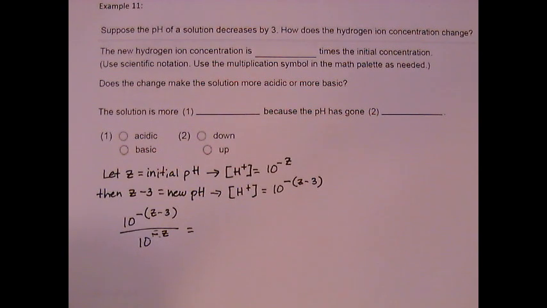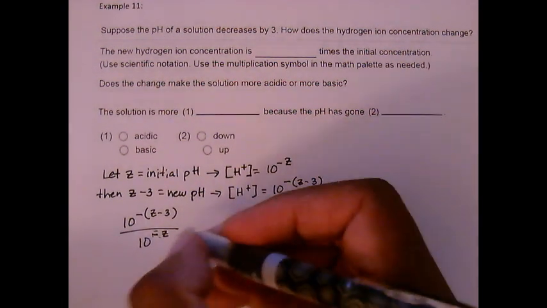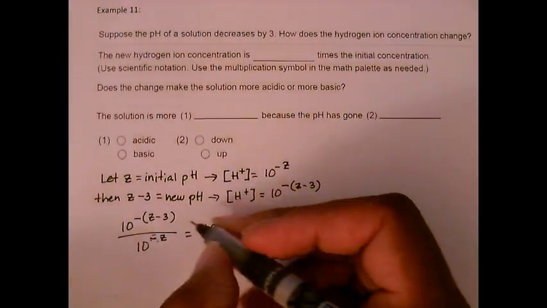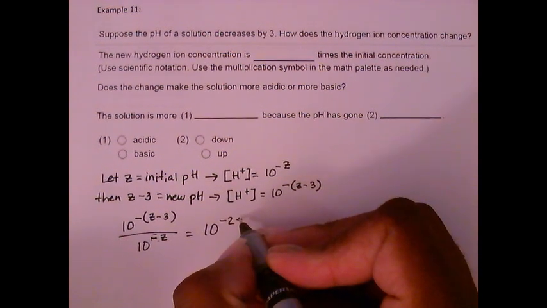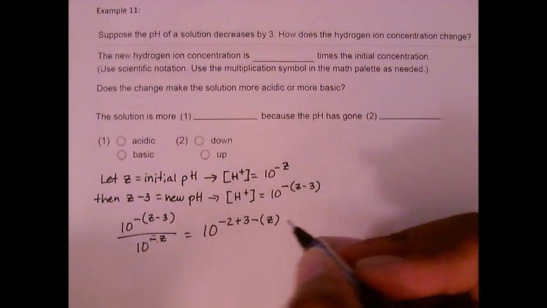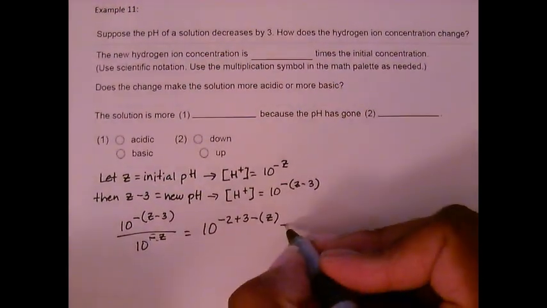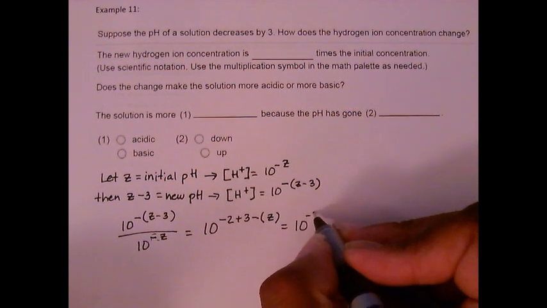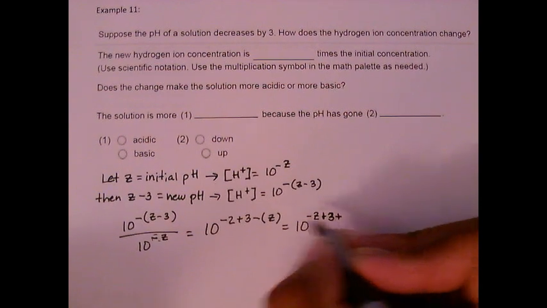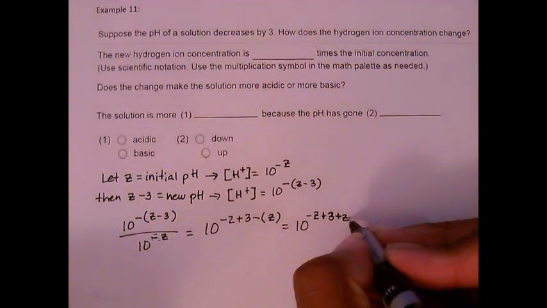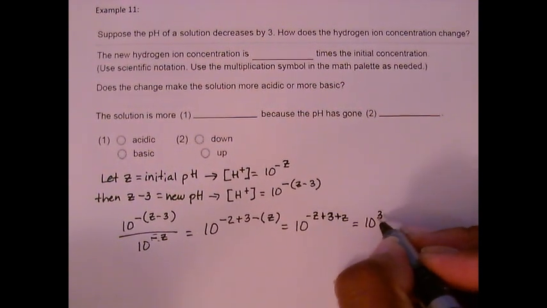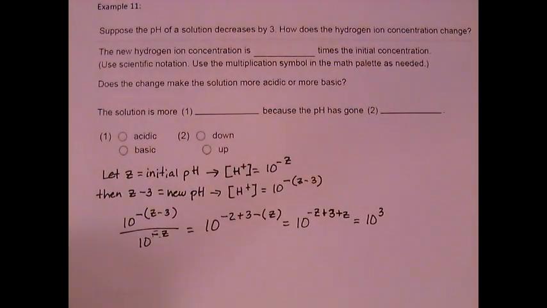Now when we divide powers of the same base, we subtract the exponents. If I distribute the negative, this will be 10 to the negative Z plus 3 minus the negative Z. Simplify this: 10 to the negative Z plus 3, and minus the negative is a plus Z. Your Z's will zero out, and you'll be left with 10 to the third.